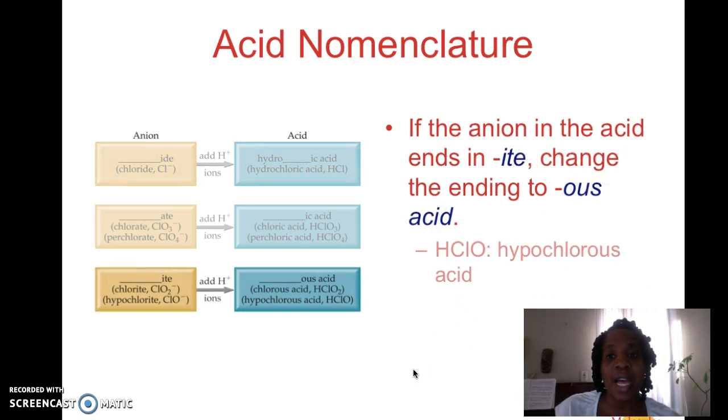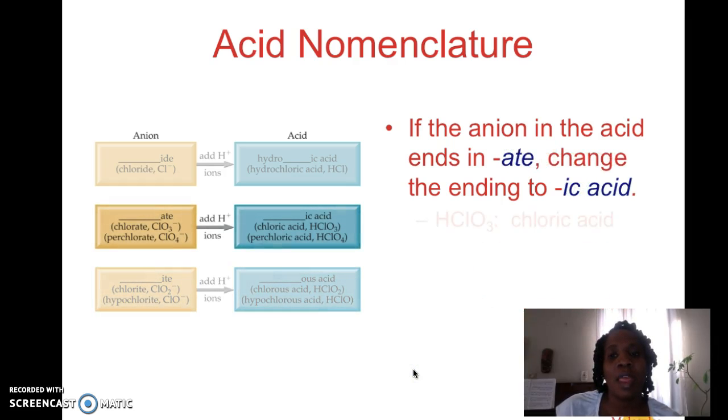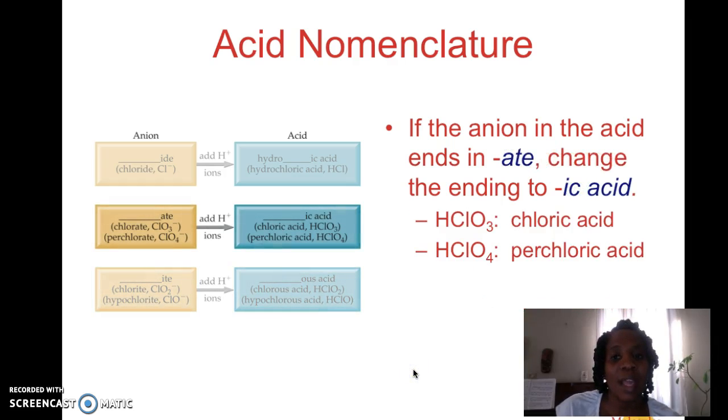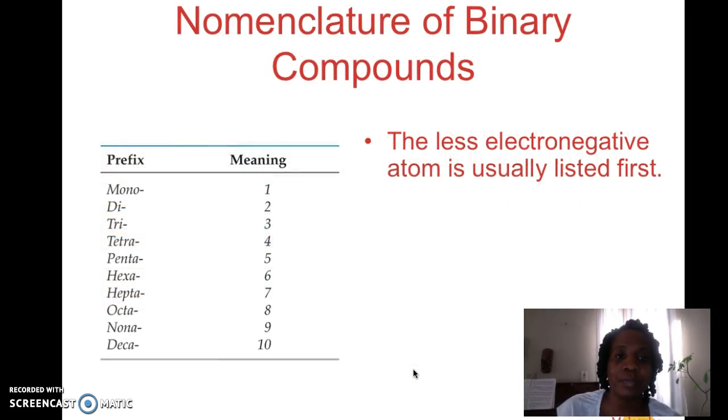If the ending is "ite," then you would change it to "ous." So hypochlorous acid, chloric acid, because the chlorate ion is present. Or when the perchlorate ion is present, it is perchloric acid.